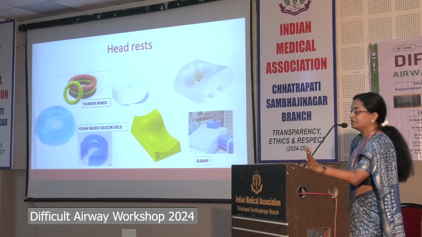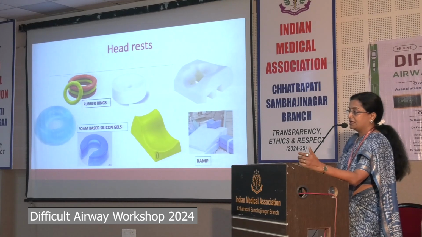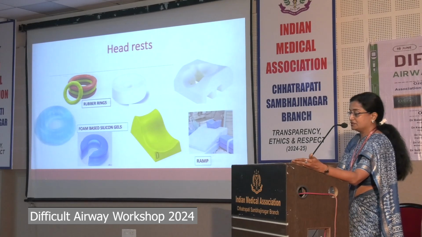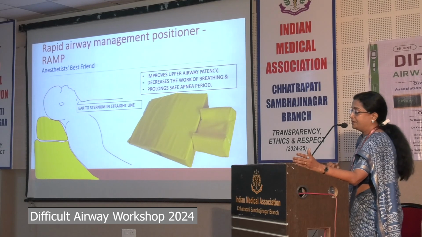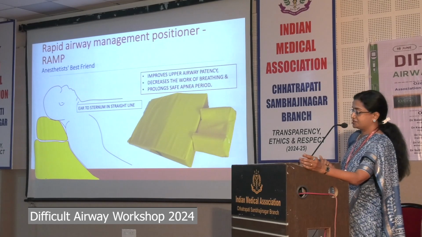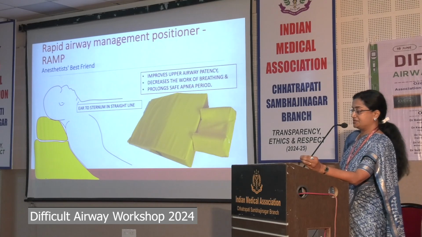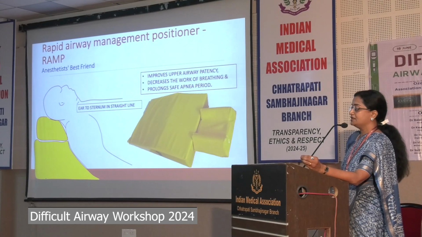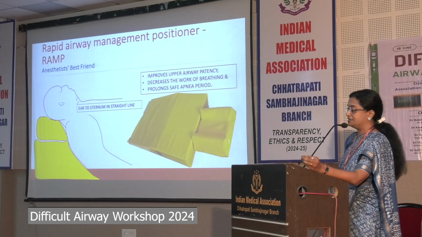Any of the headrests, whichever you are comfortable with, should be there, and you have to see which suits the patient best. This is the rapid airway management positioner, an anesthetist's friend, mainly for obese patients with increased BMI. It improves upper airway patency, decreases the work of breathing, and prolongs the safe apnea period.